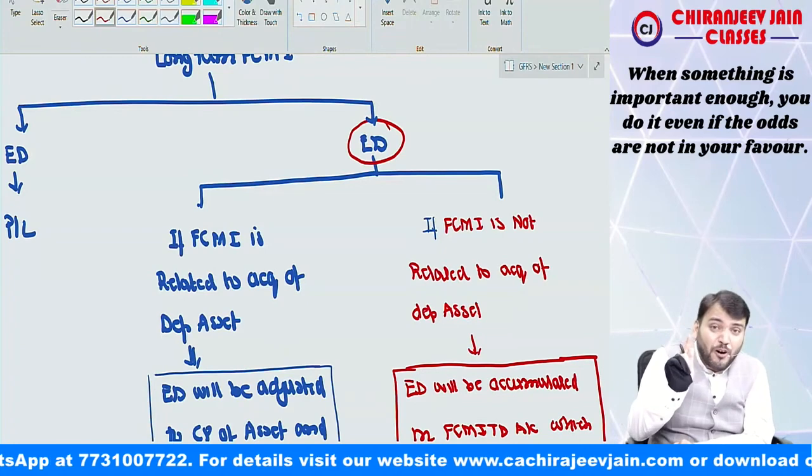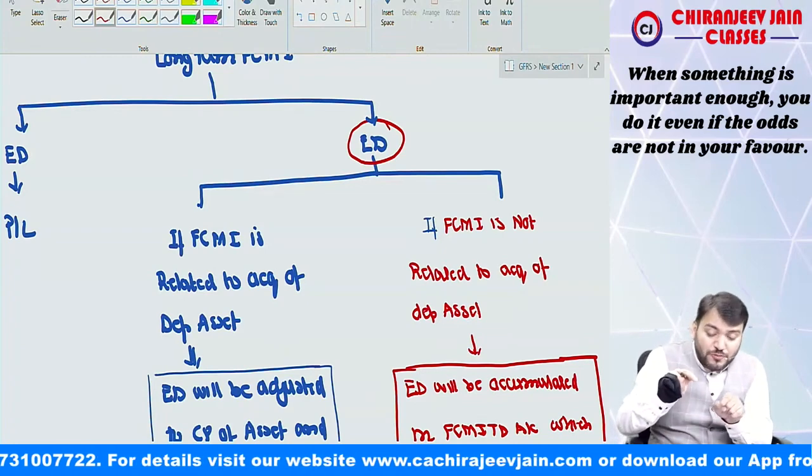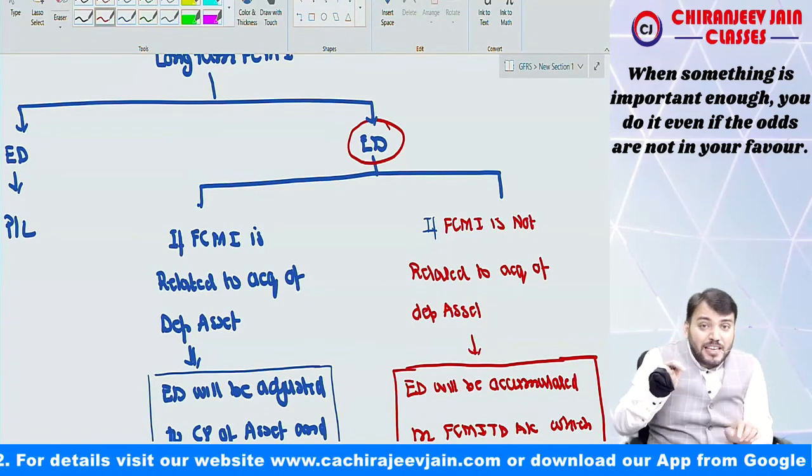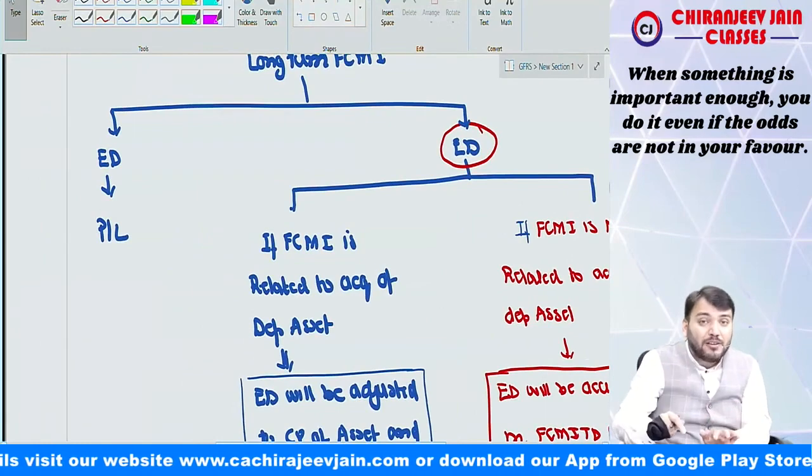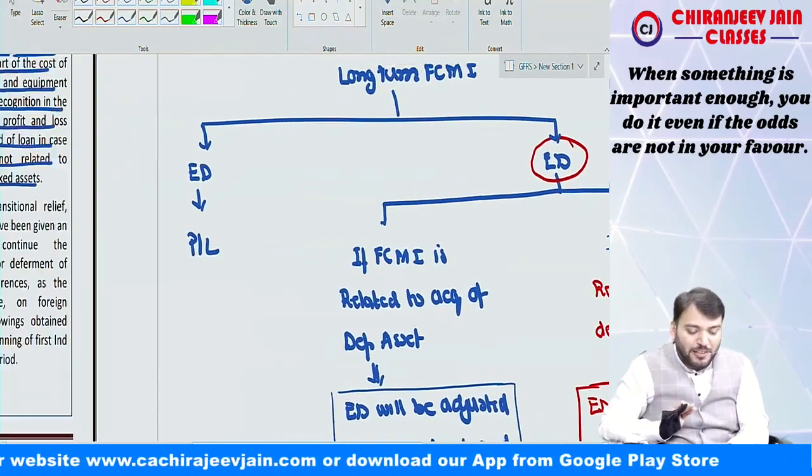If there was some foreign currency monetary item for which such option was not exercised, they cannot avail such exemption. I hope you have understood this point.